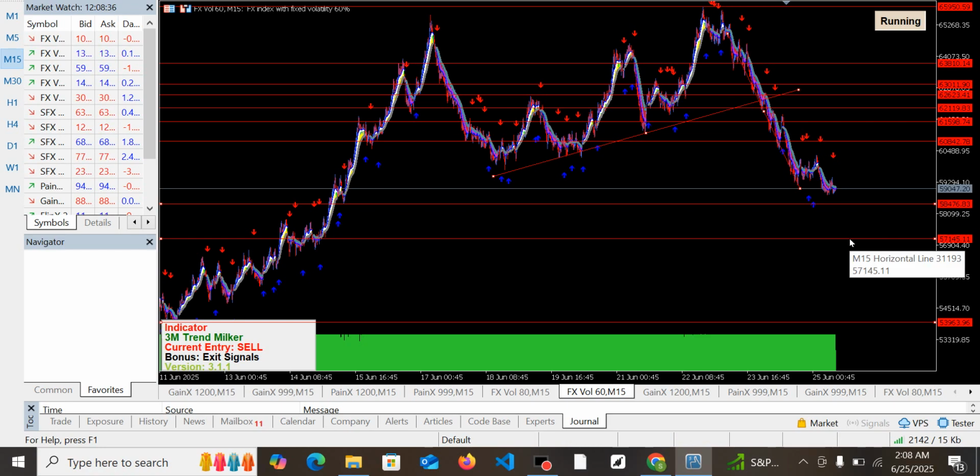But if it's unable to break out or get to this region, we are most likely to have an uptrend signal right from there, which will give us an opportunity to buy more at that particular time. So let's keep on watching, let's stay on track and see how we can take advantage of this particular asset.